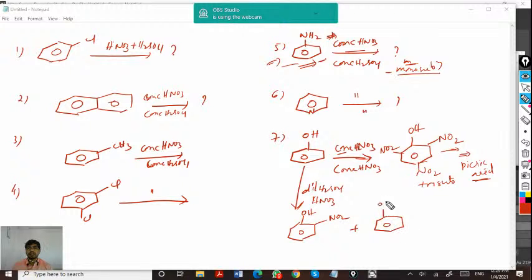Try to give the major product among these, which is major, and why. By thinking about the reasons of stability, you will get more clarity on the regioselectivity. Hope you will try.